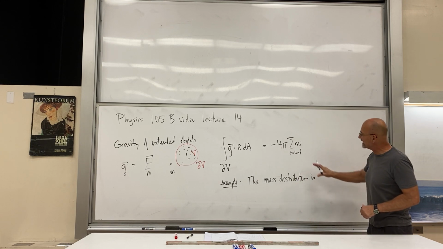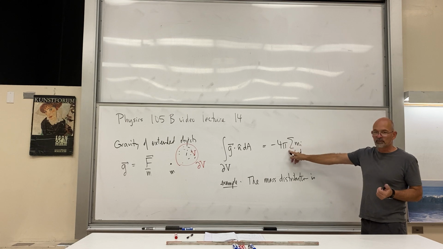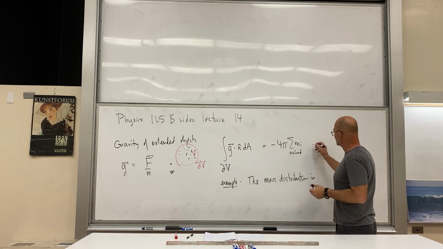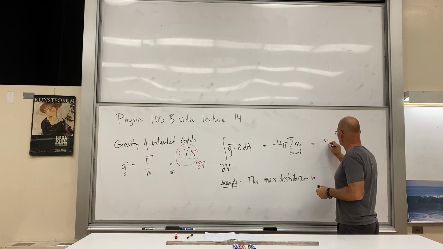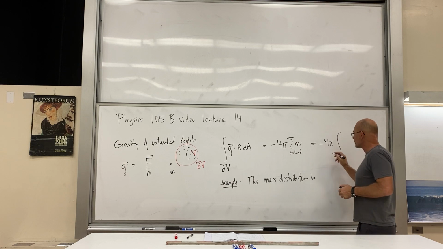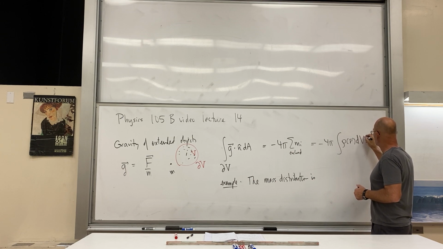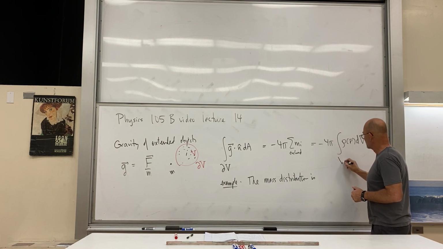We're going to go to continuum expression. So this could, of course, be expressed as an integral over the volume. We could possibly do that right now. Minus 4 pi integral density of R prime d volume over the volume.